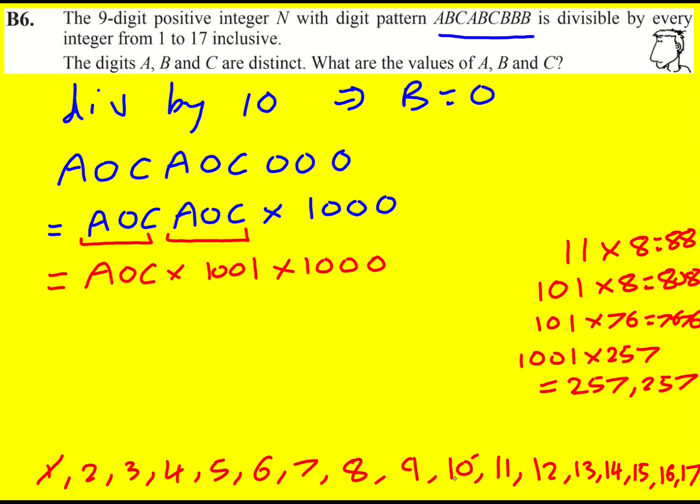We know that 10 goes into it because I dealt with that at the start, which means that 2 and 5 must also go into it. We now know that 1001 goes into it, so we need to find the factors of this. And again, this is worth learning, because it comes up in these math challenges now and then. 1001 is actually 7 times 11 times 13. Quite a special number in that regard.